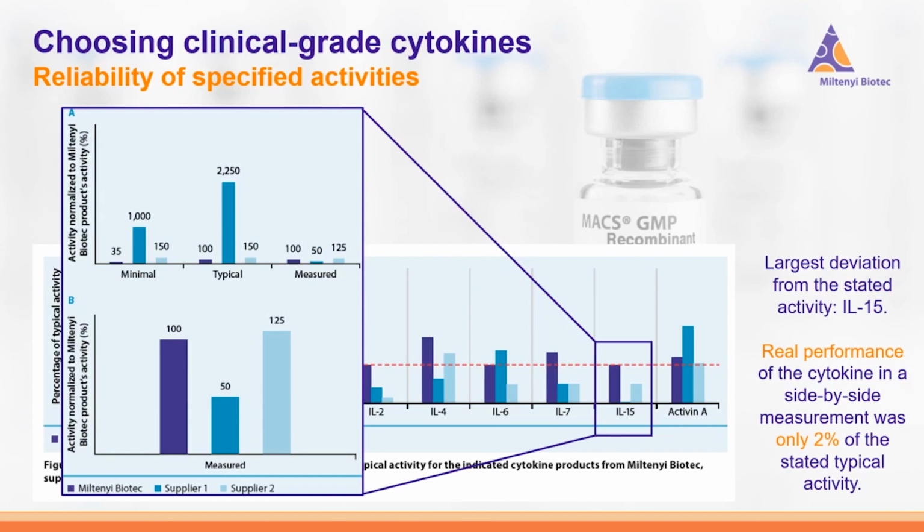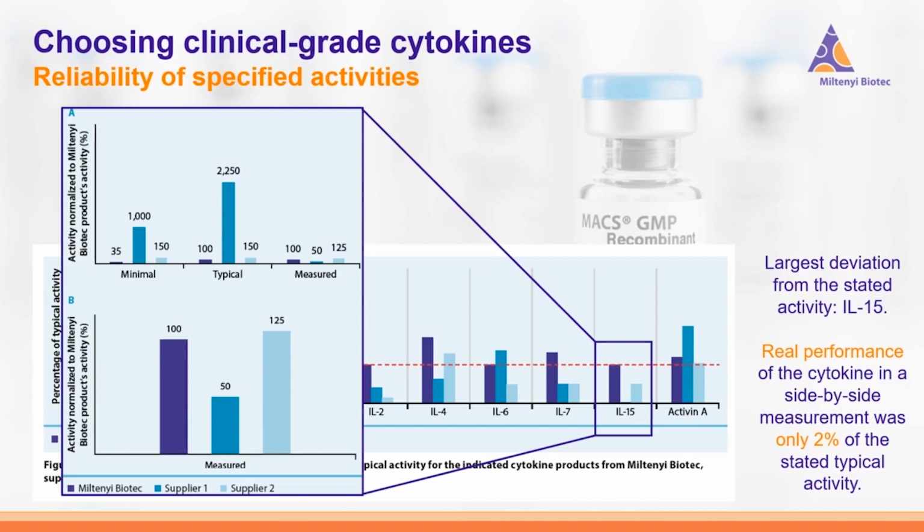And you can clearly see that there is an IL-15 product for which the supplier claims more than 2,000% of the typical activity of our IL-15. But when you look at the data from the actual side-by-side measurements, you can clearly see that this cytokine was actually only half as active as our reference IL-15. You can see a zoomed-in version of the data graph in the lower part of the picture on the left-hand side.